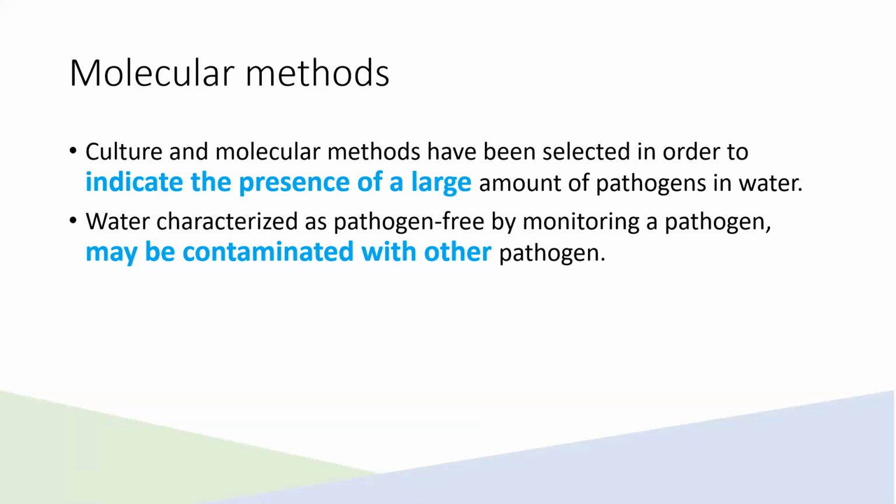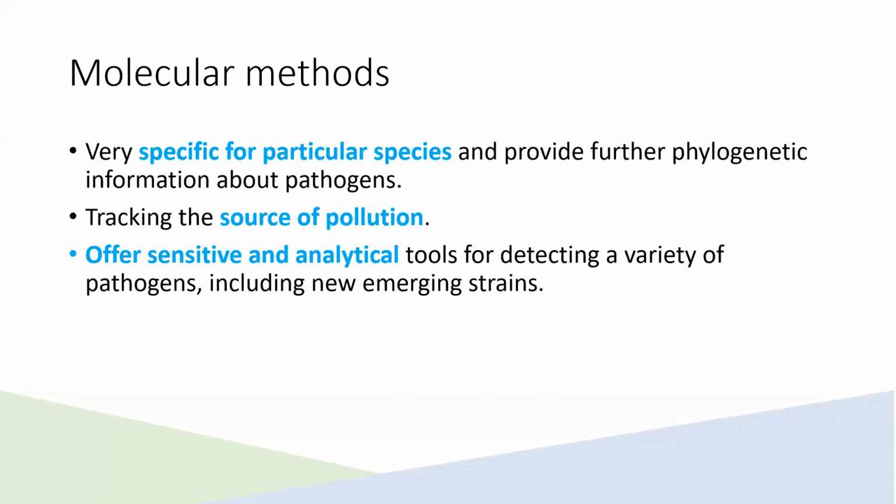Even if there is only one inoculum, one spore in your sample, it can detect it. It's also very specific. You can do detection specifically for a genus or for a species. And it's also much faster than the culture method. The molecular method is very fast to conduct.